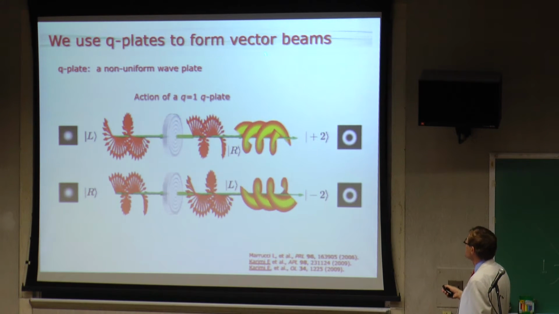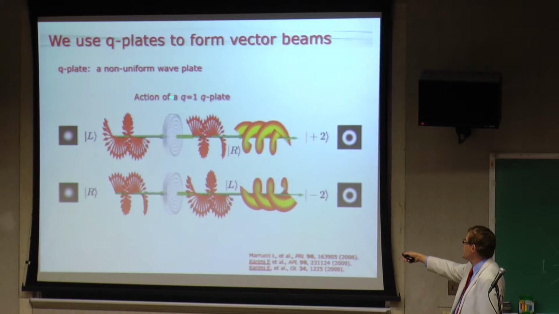We use Q plates to form the vector beam. So let's just remember how a Q plate works. Think of it as a non-uniform wave plate. This is a liquid crystal device. The orientation of the director, the major axis of the molecule, changes as a function of the azimuthal angle as you move around this structure.